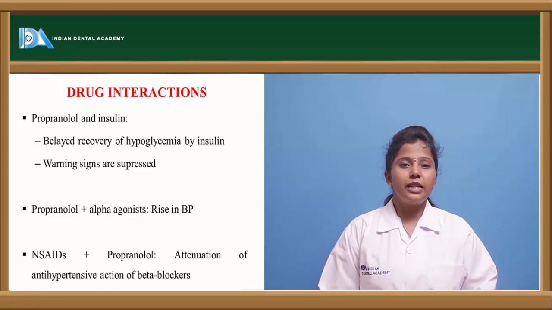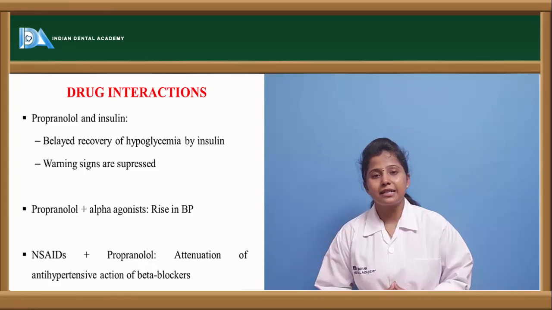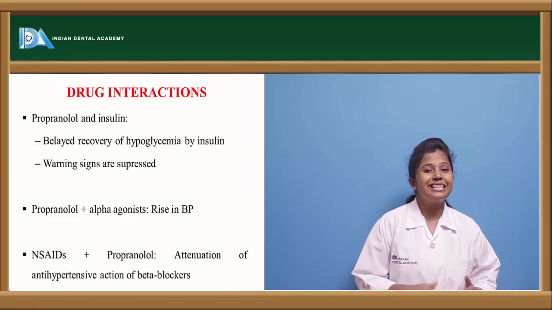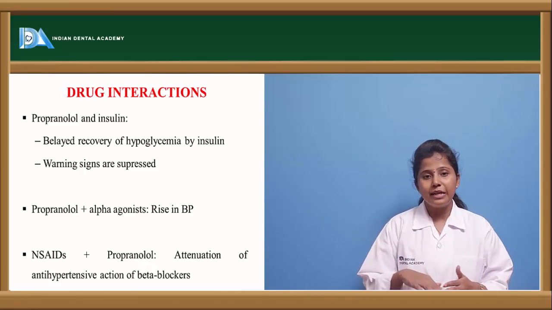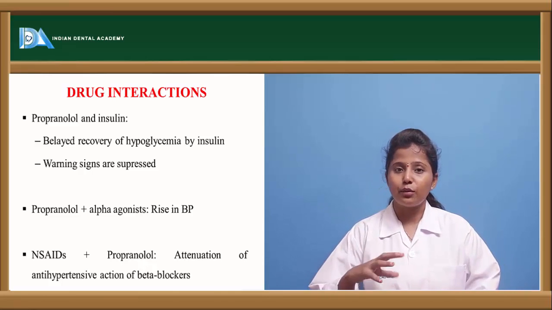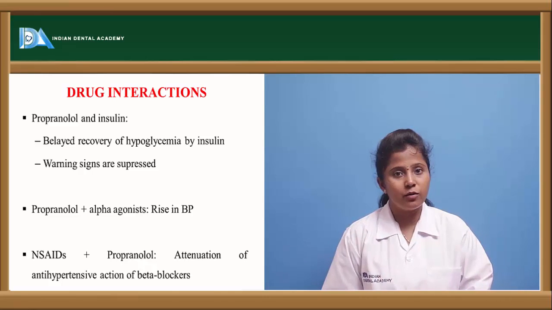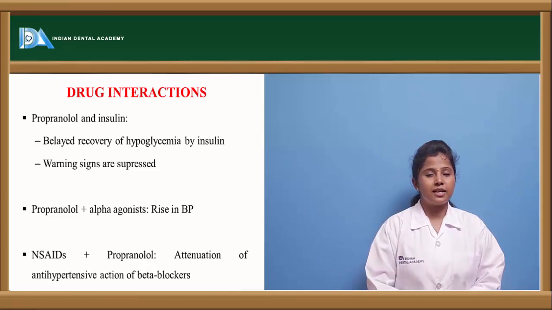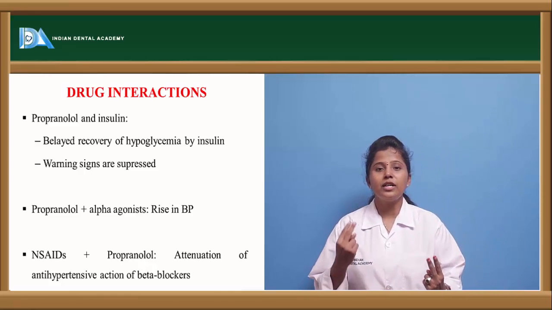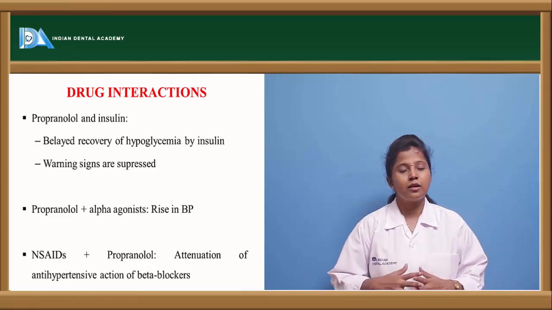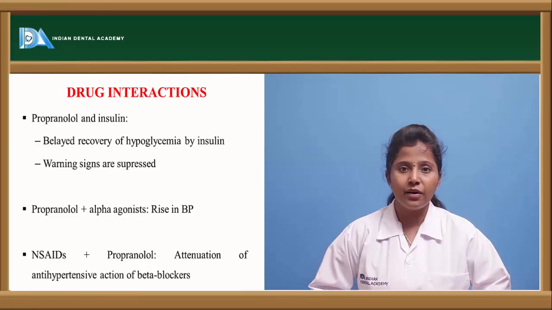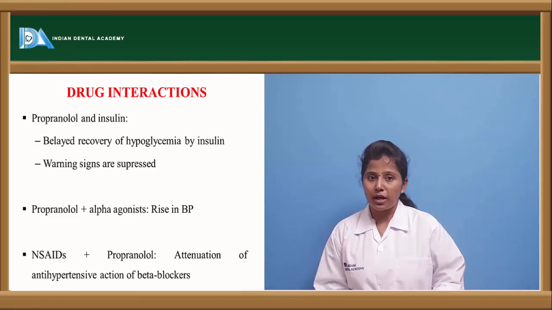In some situations it may cause decreased glycogenolysis also. If there is decreased glycogenolysis, the availability of glucose in the blood is reduced, and if insulin is secreted, when propranolol and insulin are given together, they cause glucose levels to decrease more than the normal level, which leads to hypoglycemic conditions.